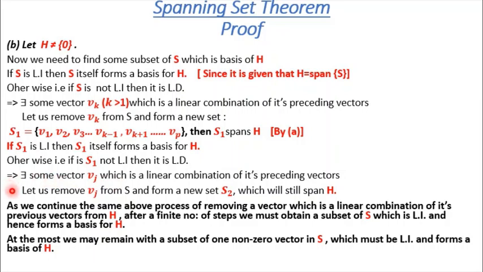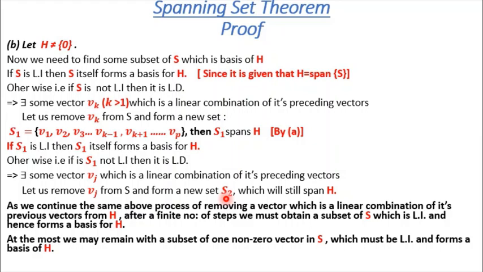The same argument applies to S1: there exists some vector Vj in S1 which is a linear combination of its preceding vectors. Again, the same way we removed Vk from S, let us remove Vj from S1 and form a new set S2.